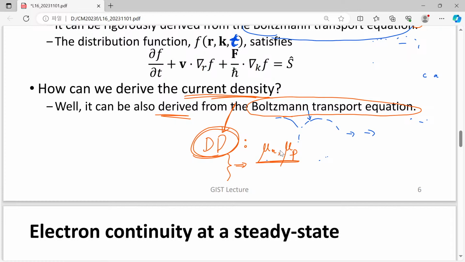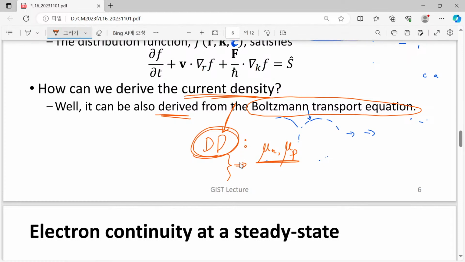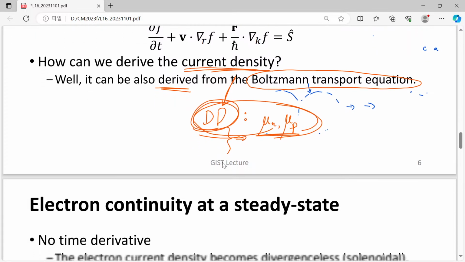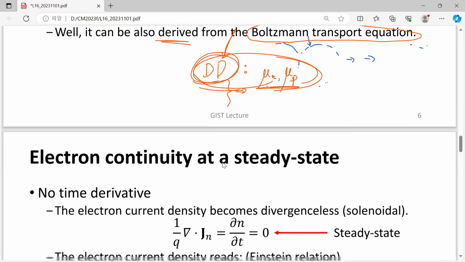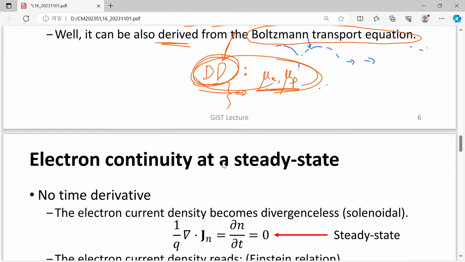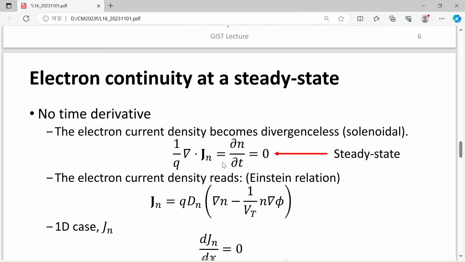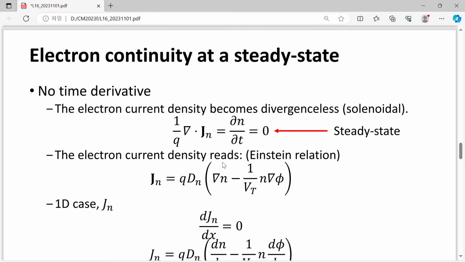So right now this is the compromise between accuracy and efficiency. Okay. Do you have any question? Okay, then let's go to the next topic.